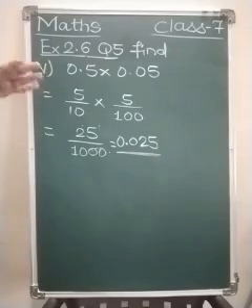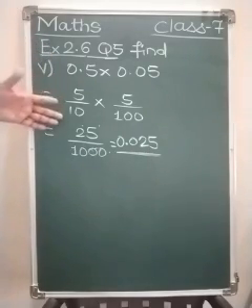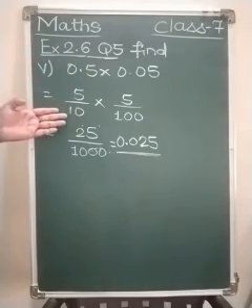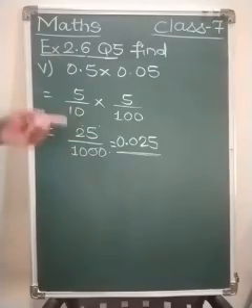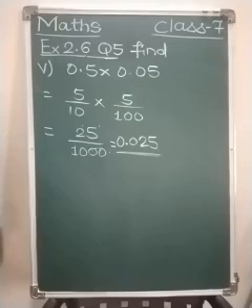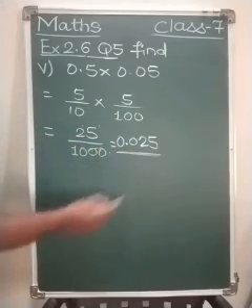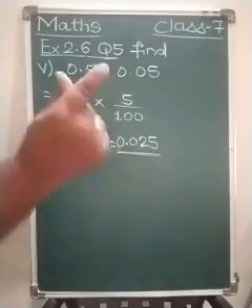So 0.025. Done. Very simple sums. If you go step by step, if you remember how to convert a decimal into a fraction, how to multiply two fractions, and then again how to convert a fraction into a decimal, they are just solved like this.